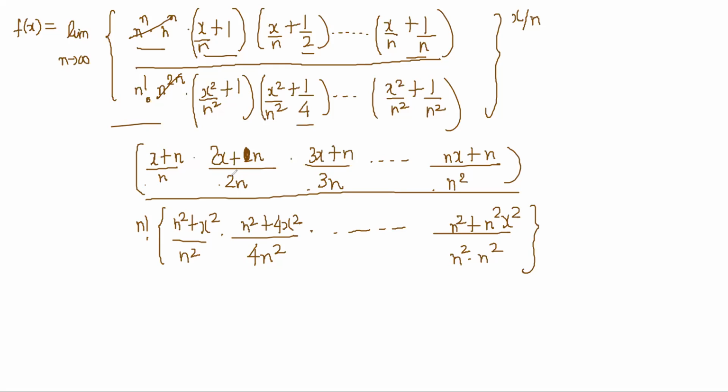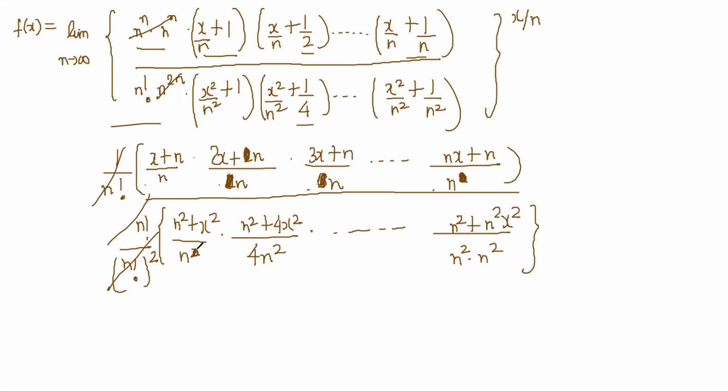Remove all the factors. This is basically 1 by n factorial, right? And then these go away. And here is 1 into 4 into... it's n factorial squared, right? 2 square, 3 square, and so on. Here there is an n factorial square, so everything cancels, right?